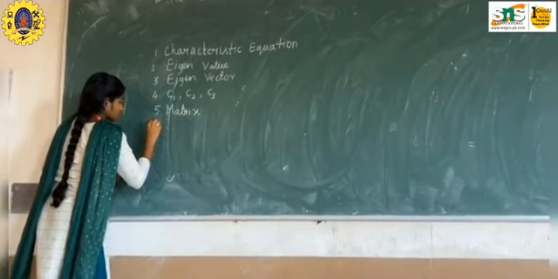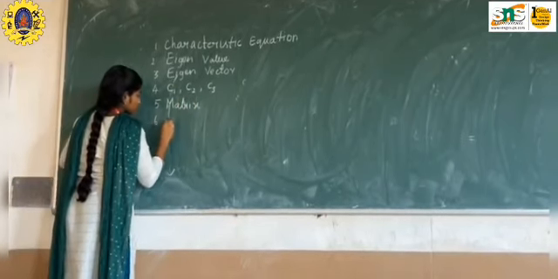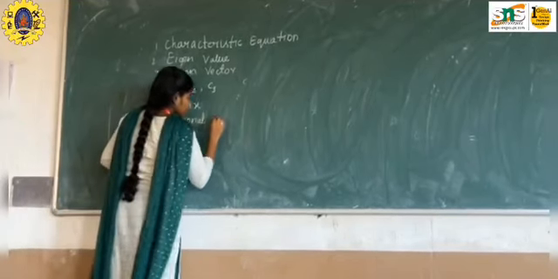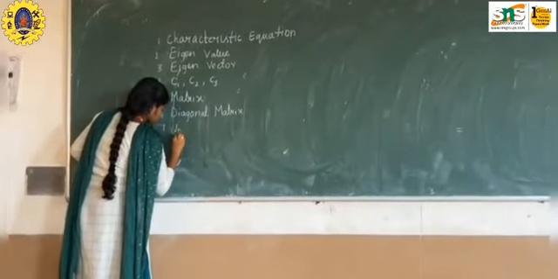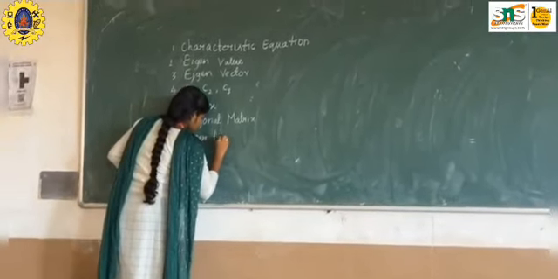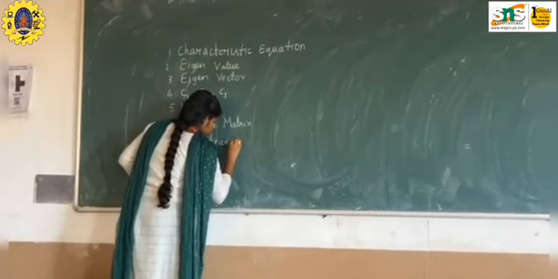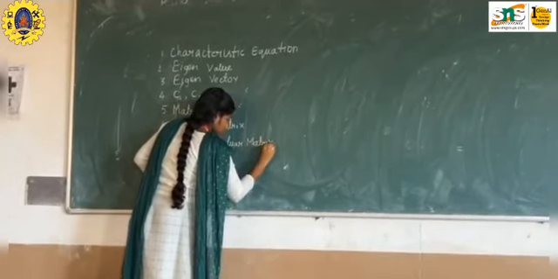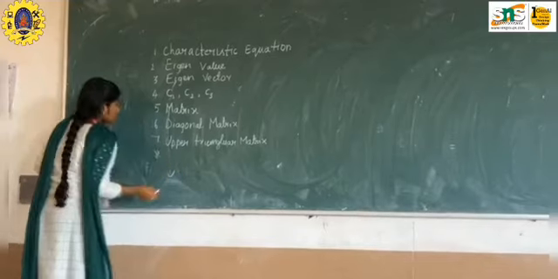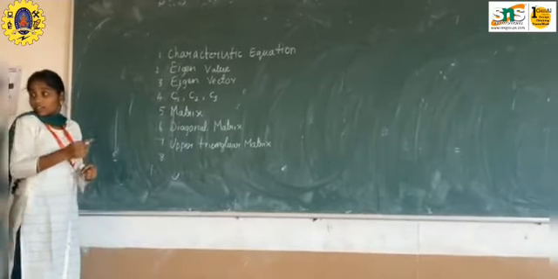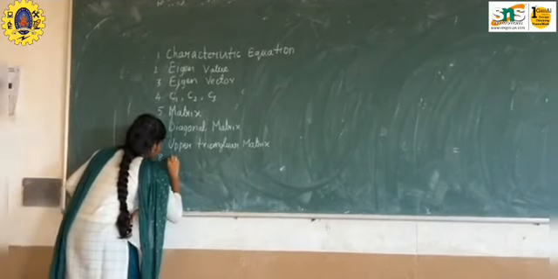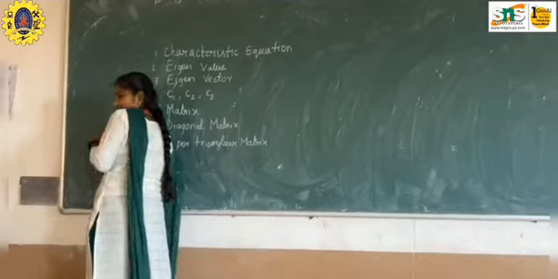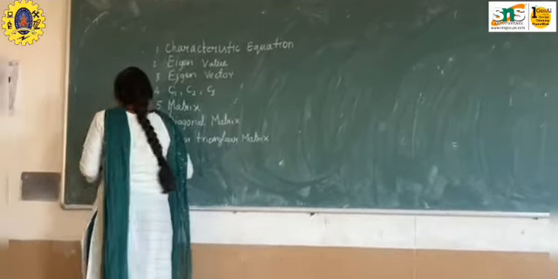What are the words you know in the first unit? Diagonal matrix, upper triangle matrix, determinant of A, symmetric matrix.